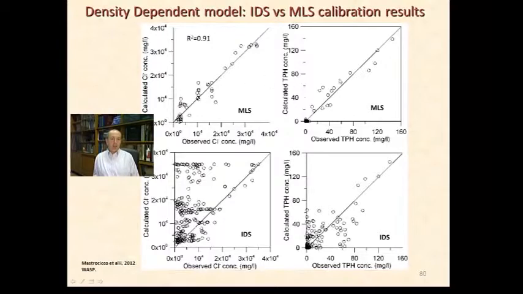In the first graph we can see the good relationship between observed and calculated chloride concentration using the multi-level sampling system. If you look at the below graph, which takes into account the relationship between observed and calculated chloride concentration based on the long screen piezometer integral depth sampling, so without using the multi-level sampling, we can see that there is no real positive correlation.